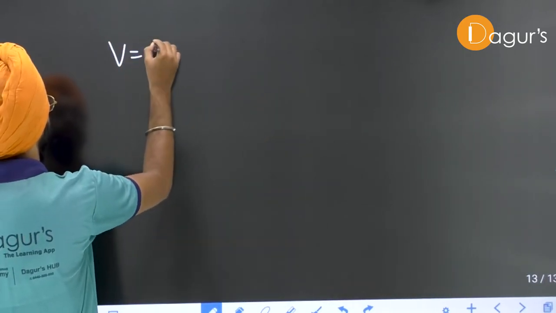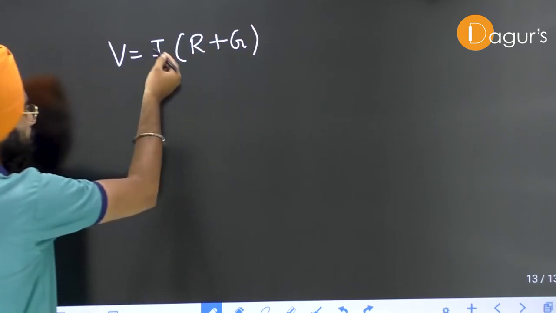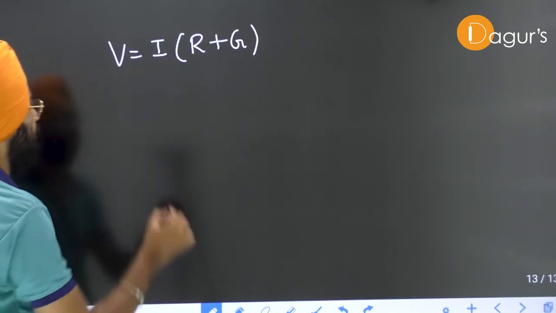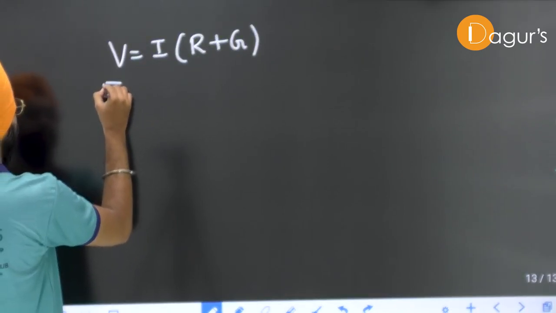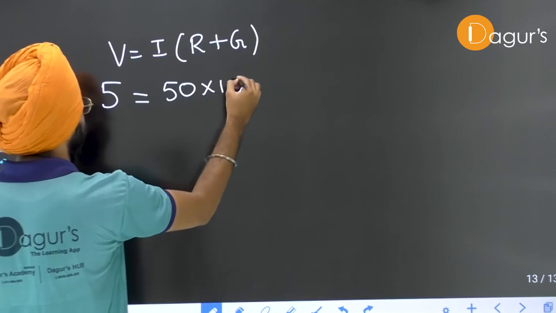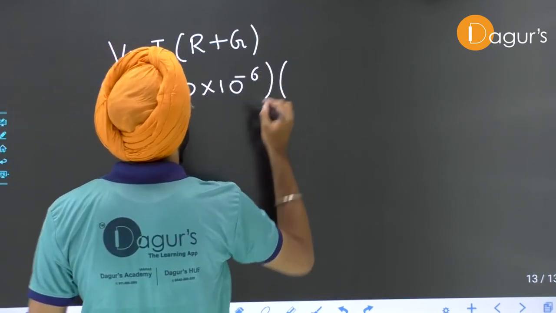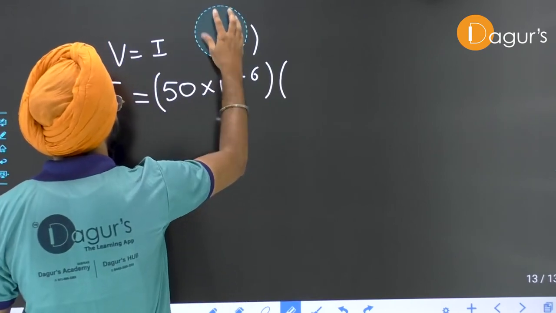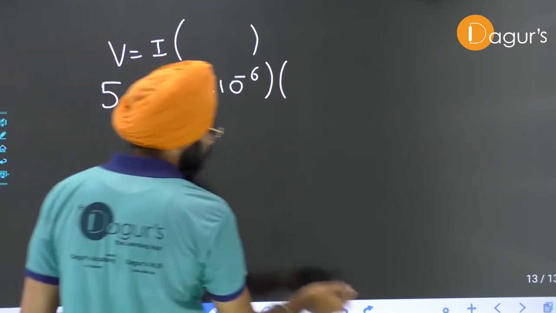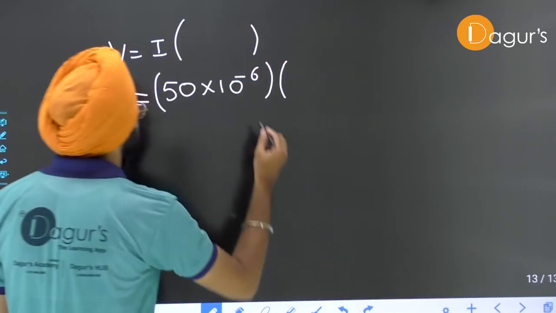So, V is equal to I into (G plus S). Now, the maximum voltage which it can measure is 5 volts, as the range was 0 to 5. The current is 50 microampere, and the resistance will be G plus S, because G and S were in series.